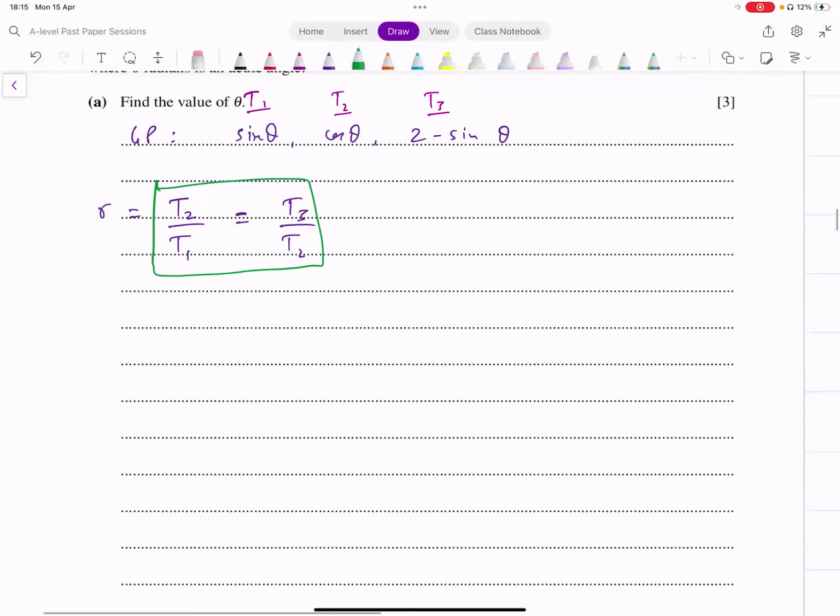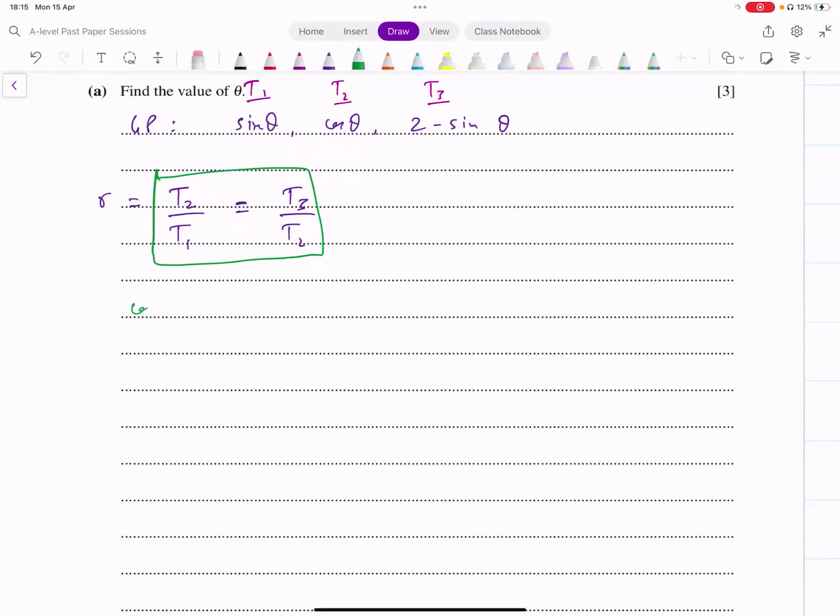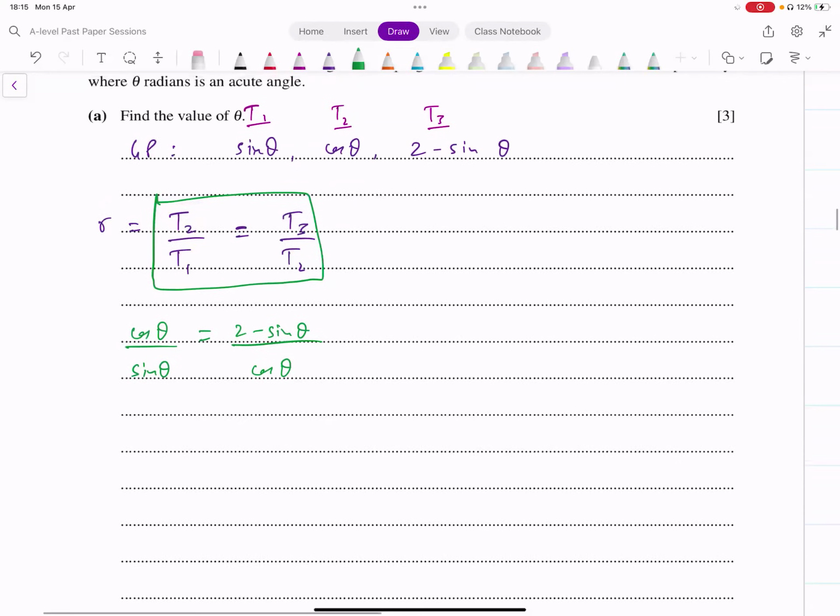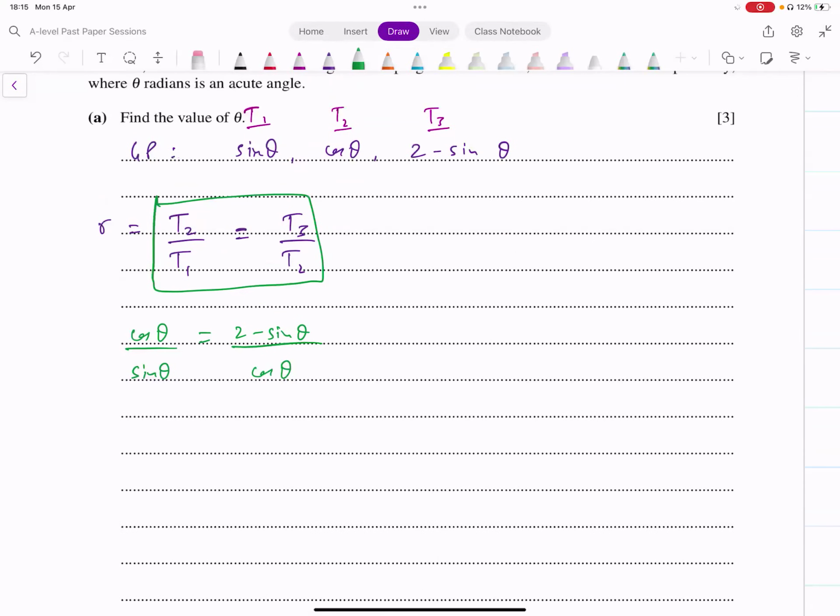T2 over T1. What's T2? T2 is cos of theta. What's T1? T1 is sine theta. That should equal T3, which is 2 minus sine theta, divided by T2, which is cos theta. And that gives you an equation directly. So you don't have to worry about those term formulas in cases like these, where you have consecutive terms given. You can make a direct equation like this.